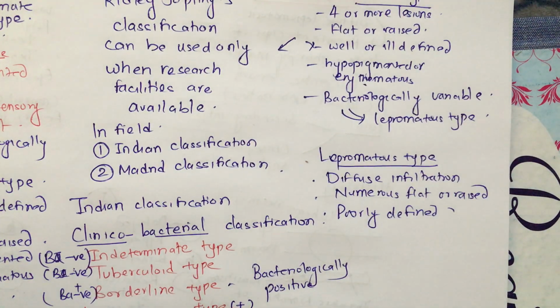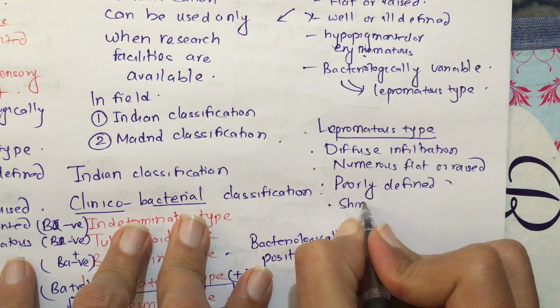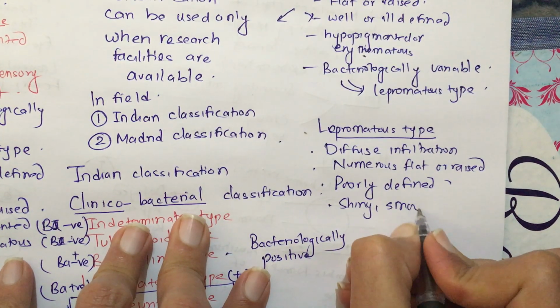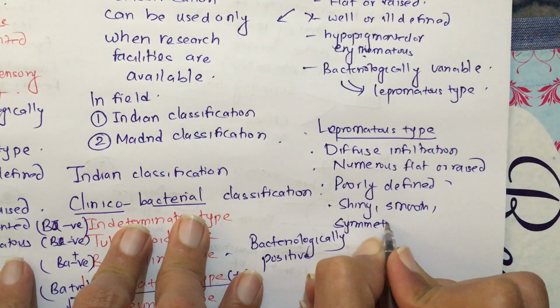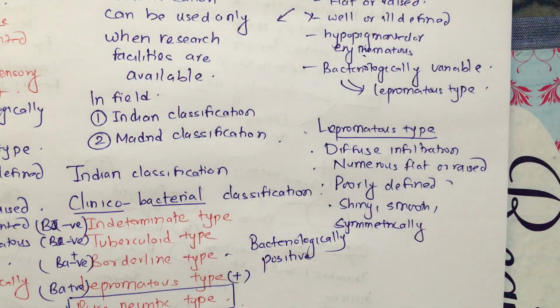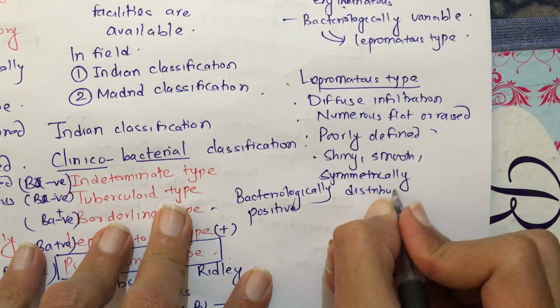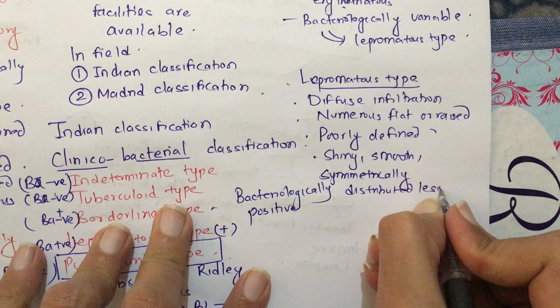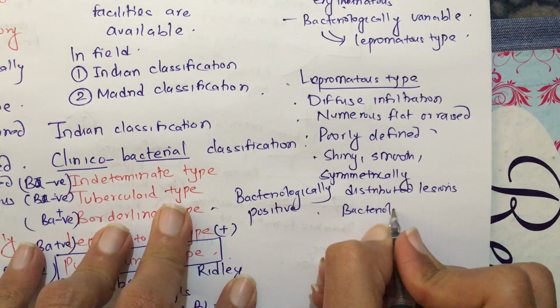The lepromatous type has poorly defined margins, shiny, smooth, symmetrically distributed lesions. We have already discussed in the Ridley-Jopling classification that the lepromatous types have symmetrically distributed lesions, and these are bacteriologically positive.